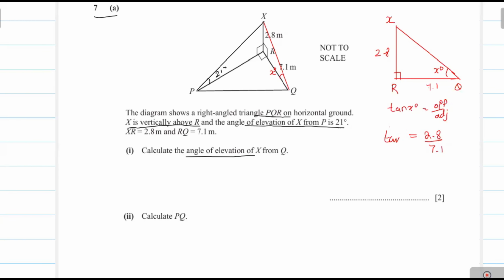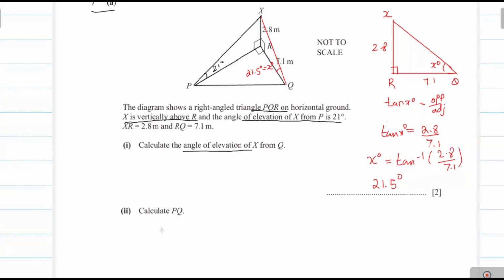So tan x degrees equals 2.8 over 7.1, then x degrees will be equal to tan inverse of 2.8 over 7.1. Now this is 21.5 degrees.